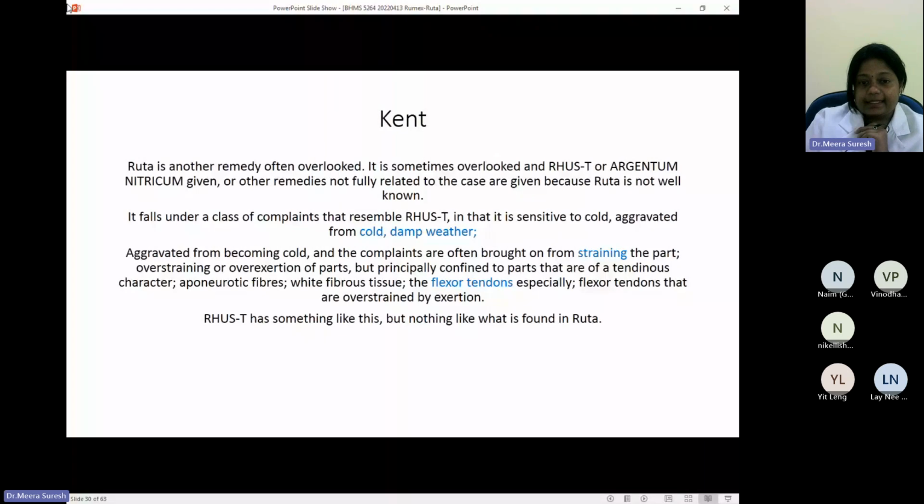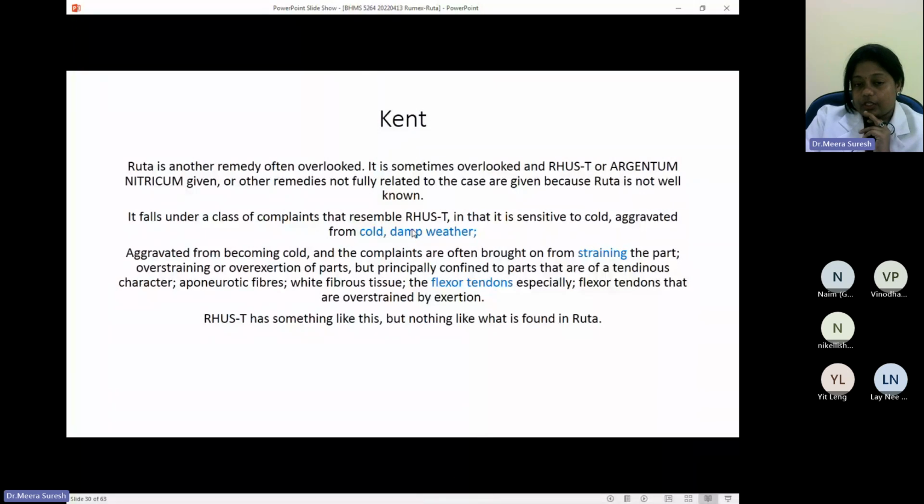So here, Kent is actually comparing Rhus tox and Ruta. He says whenever we get the symptoms of sprain, we usually think about Rhus tox or even Argentum nitricum. I'm not sure why Argentum nitricum came over here, but because Ruta's action is not well known, he is going towards the comparison of Rhus tox and Ruta.